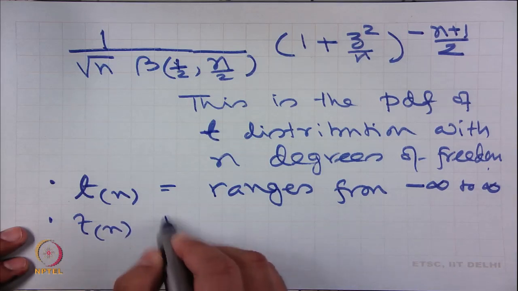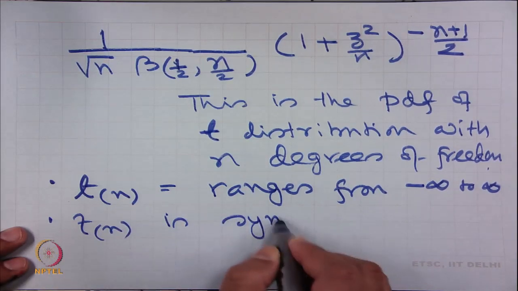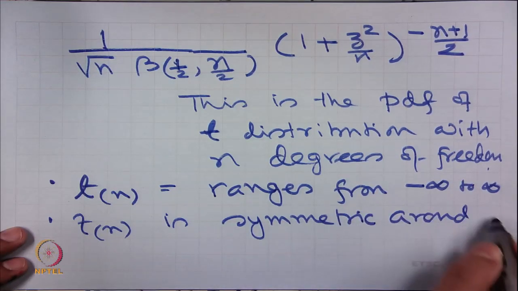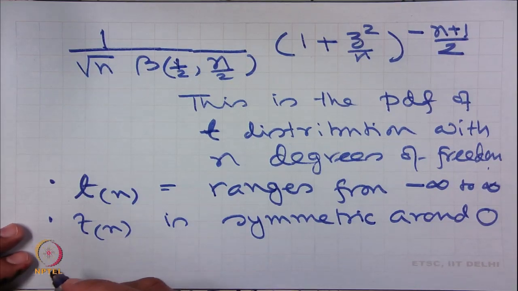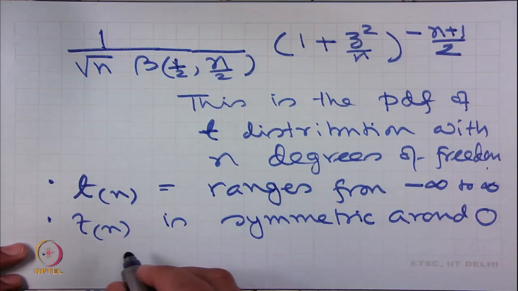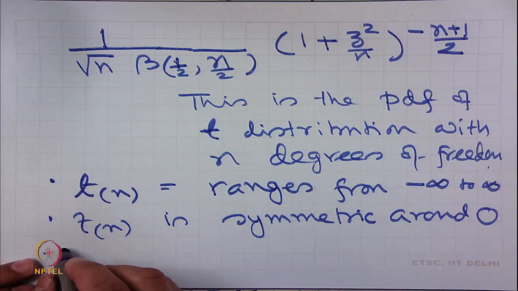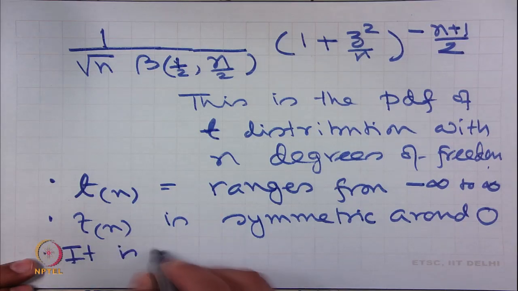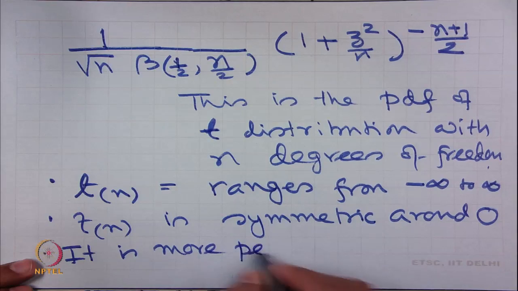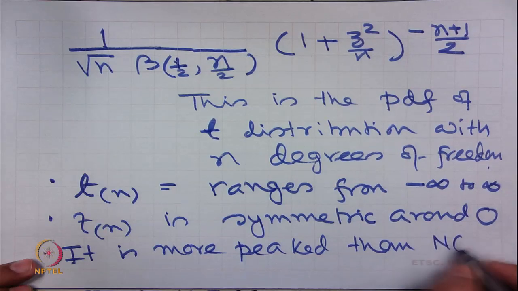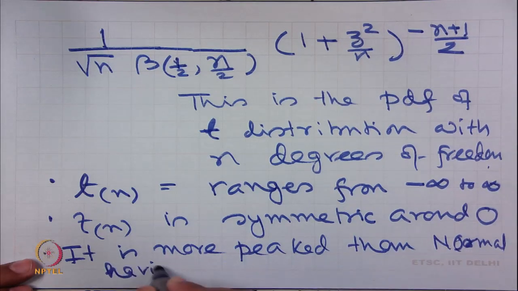T n is symmetric around 0, which is also true for normal, but basically T is more peaked than normal having the same variance.